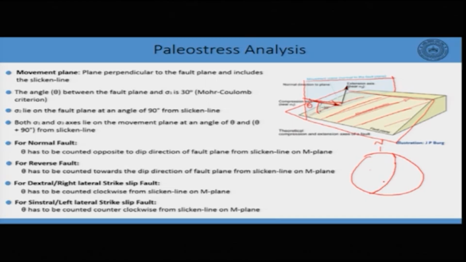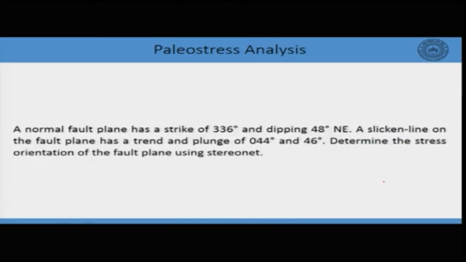So, we will go to the question. A normal fault plane has a strike of 336 degrees and dips 48 degrees northeast. A striation on the fault plane has a trend and plunge of 44 degrees and 46 degrees. Determine the stress orientation of the fault plane using the stereonet.